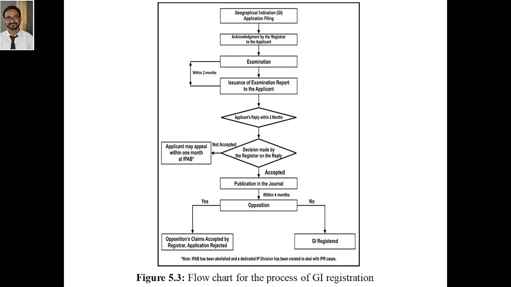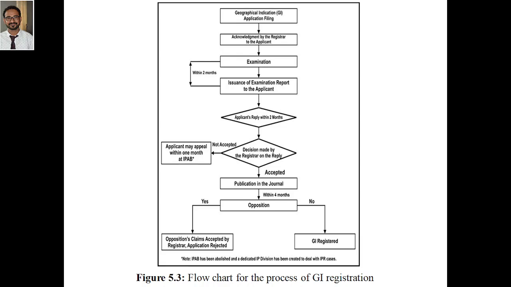Yes, let's see the stepwise process of geographical indication registration. The first thing is geographical indication application filing. You are taking an application, you are filing, but before that you should do the prior art search. That is mandatory, and it doesn't have to be mentioned here, but it has to be done for everything.